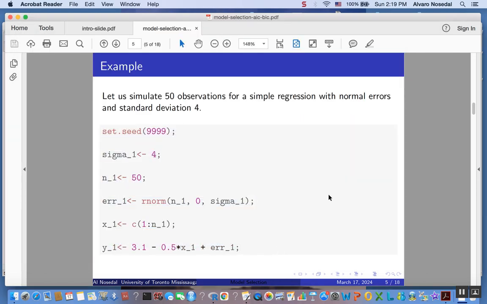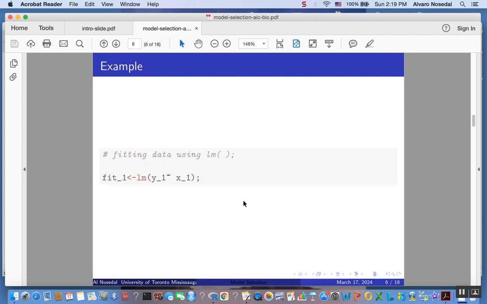Next, we will be fitting that simple linear regression model. That is, we're going to be estimating the parameters of that model. To do that, let me remind you that the R command that you will be using is lm. This is a special R command. lm stands for linear model, and the syntax of that function is this.